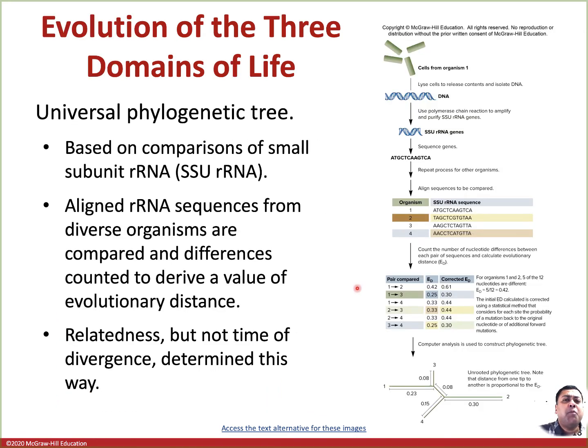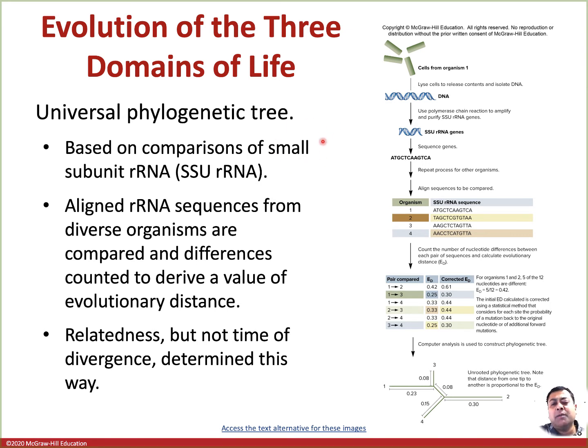So the next part that we are looking at is the evolution of the three domains of life, and we have a universal phylogenetic tree. This universal phylogenetic tree is based on the comparison of the small subunit of the ribosomal RNA. We are going to discuss the ribosome in detail in a later part, but ribosomes have a large subunit and a small subunit.